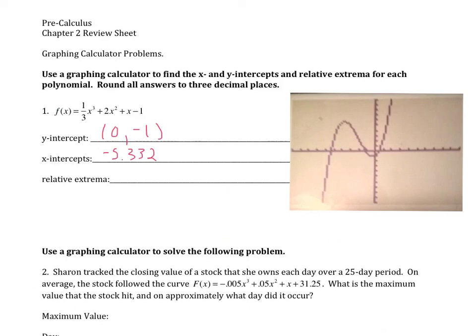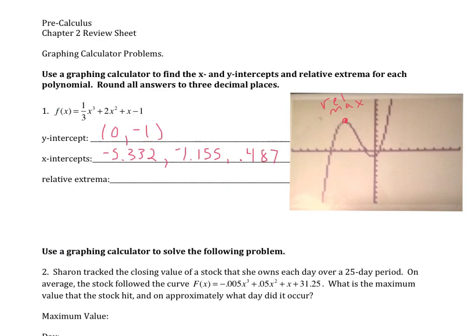And we're going to need to do that 2 more times to find the other 2 x-intercepts. I found that the other 2 were at -1.155 and 0.487. So now to find the relative extrema, we want to find the relative max and the relative min of our function. So we can see that we have a relative max right here. And so to find it, we're going to hit second calc maximum.